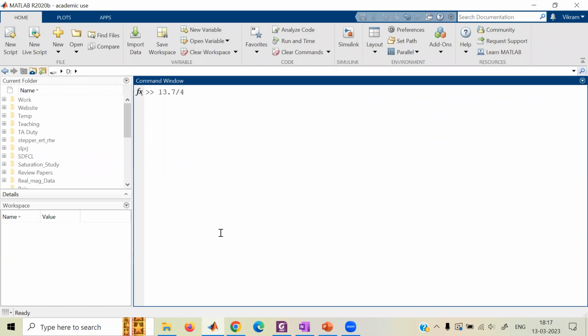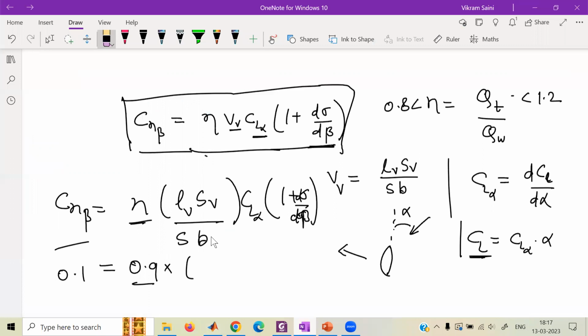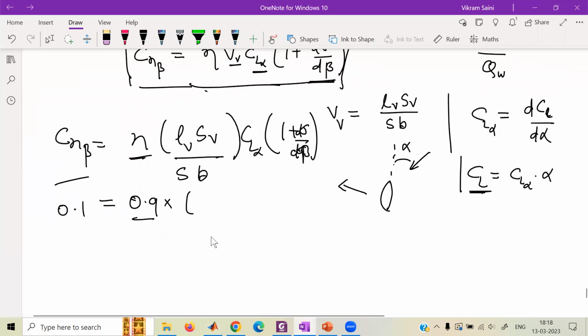Then we add another 13.7 divided by 8. Yeah, 5.1375. That is the number we have come to. That is LV. SV is unknown to us, so we'll keep it as unknown.